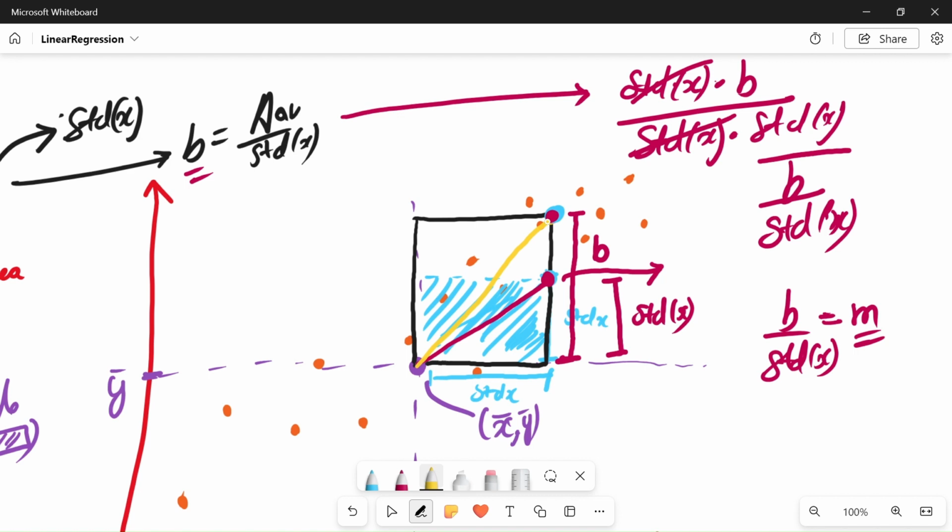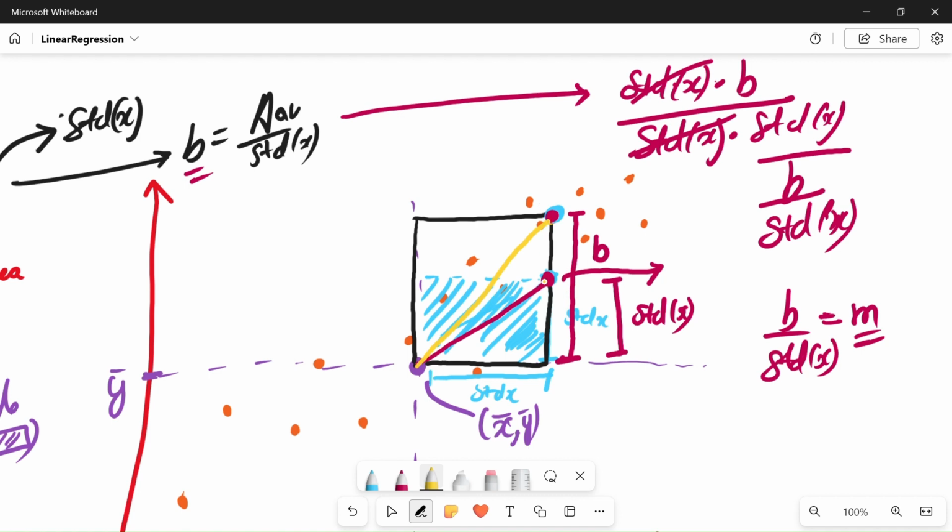So right now we're discussing the intuitive perspective of OLS, and then we'll discuss the mathematical perspective. This is the main discussion that we are doing right now.